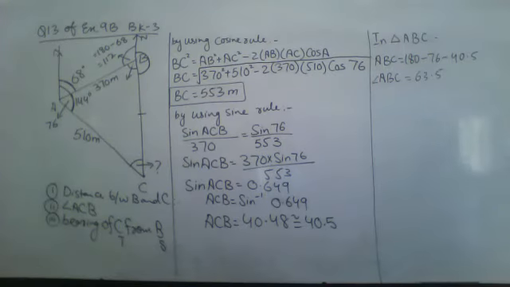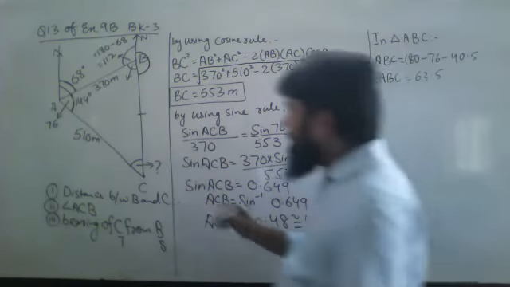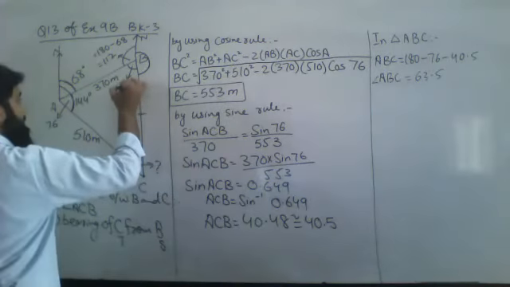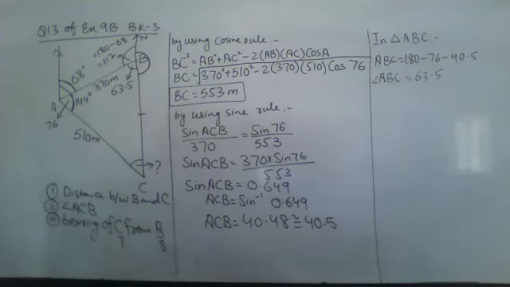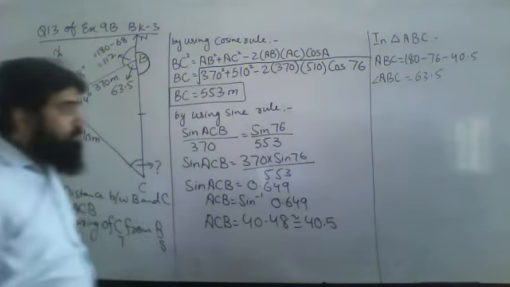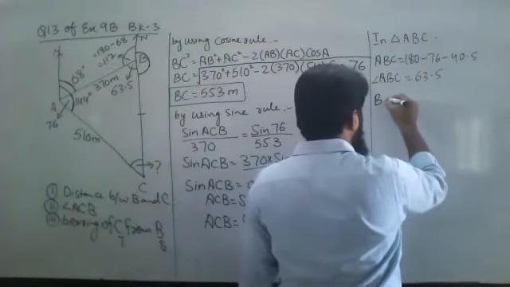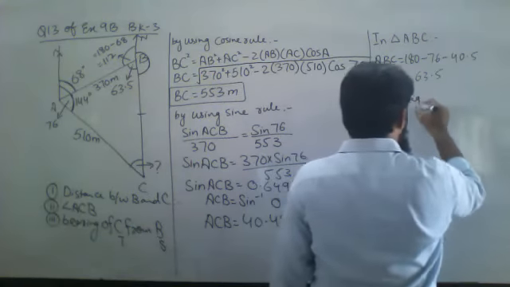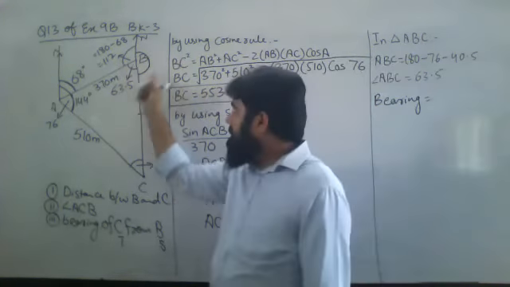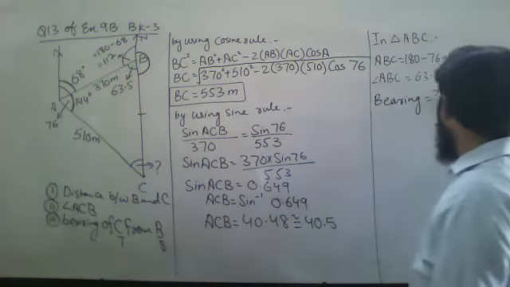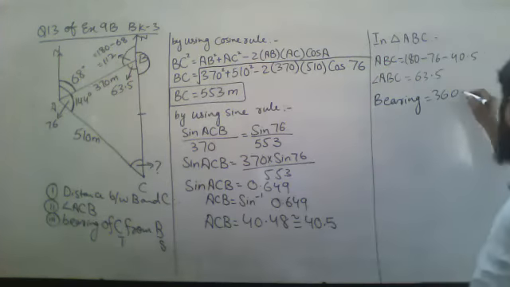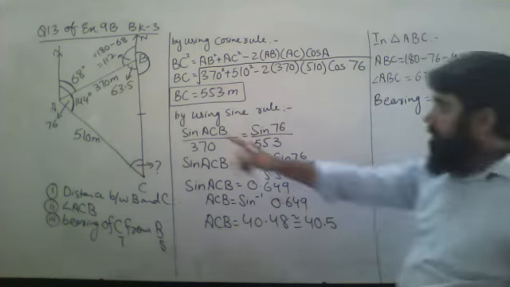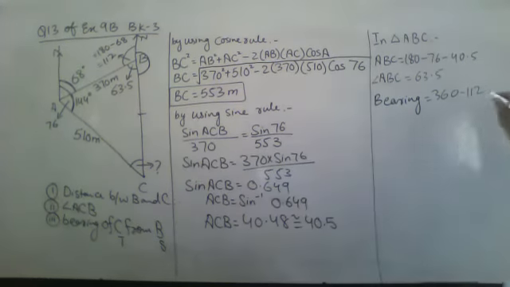Now I have got this thing as 63.5. Now I have to find this one. How will I find the bearing? So bearing will be equal to, the whole circle is 360, out of which I am going to subtract 112 and 63.5.